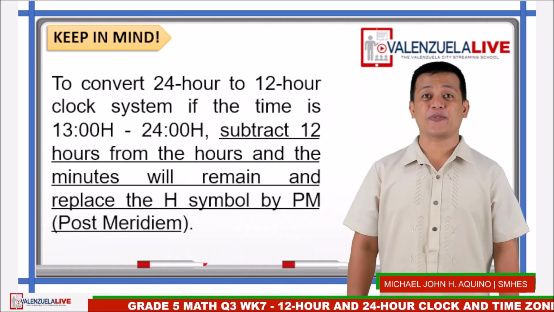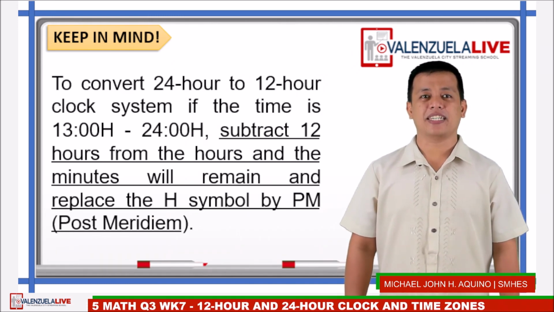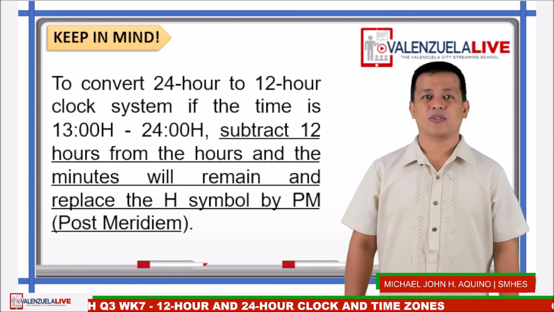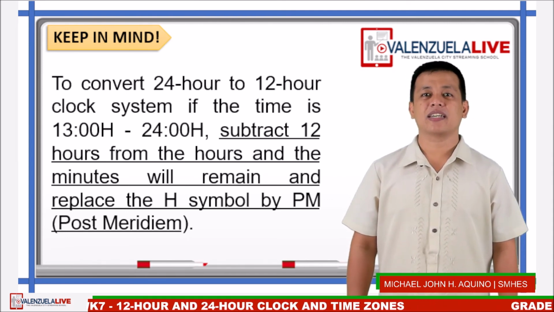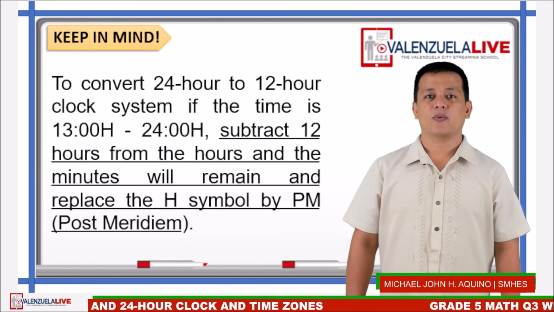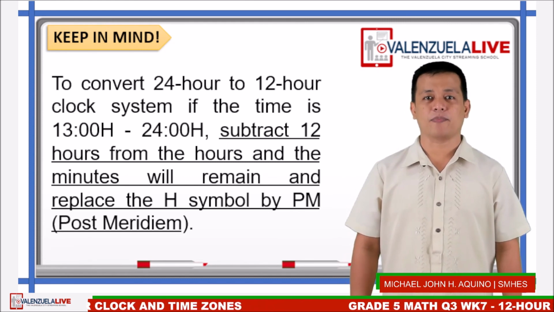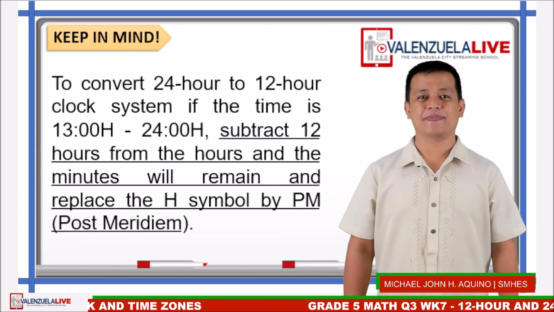If the time is 13:00 to 24:00, subtract 12 hours from the hours, the minutes will remain, and replace the H symbol by p.m. or post meridiem.